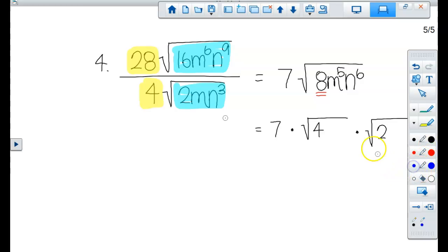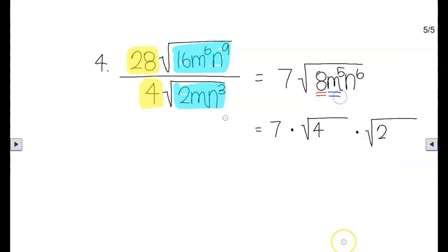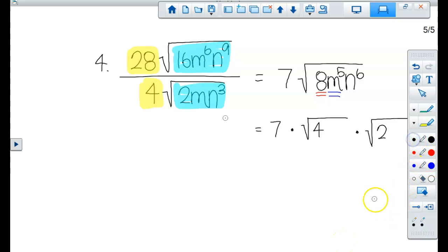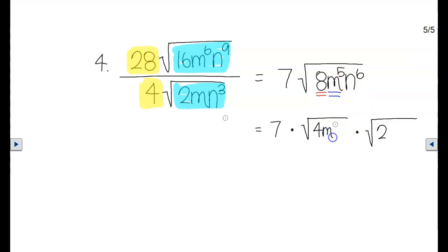With our variables, we need exponents that are even. M to the 5th does not have an even exponent, but I can get an even exponent out of that. So we're going to do m to the 4th times m to the 1st. Notice still m to the 5th, just written a different way. And then, of course, n to the 6th already has that even exponent, so we put him in that first square root. No need to split him up.